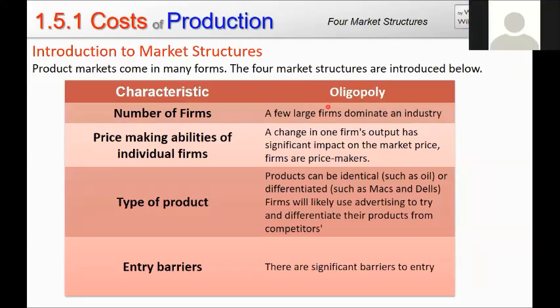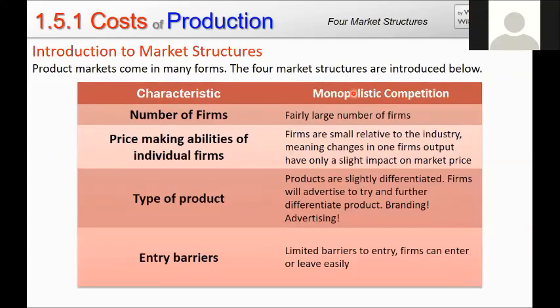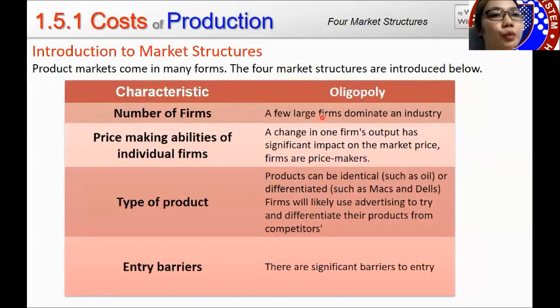Take note: in monopolistic competition there are a large number of firms, but in oligopoly there are few firms dominating an industry. In terms of price-making ability, a change in one firm's output has a significant impact on the market price.